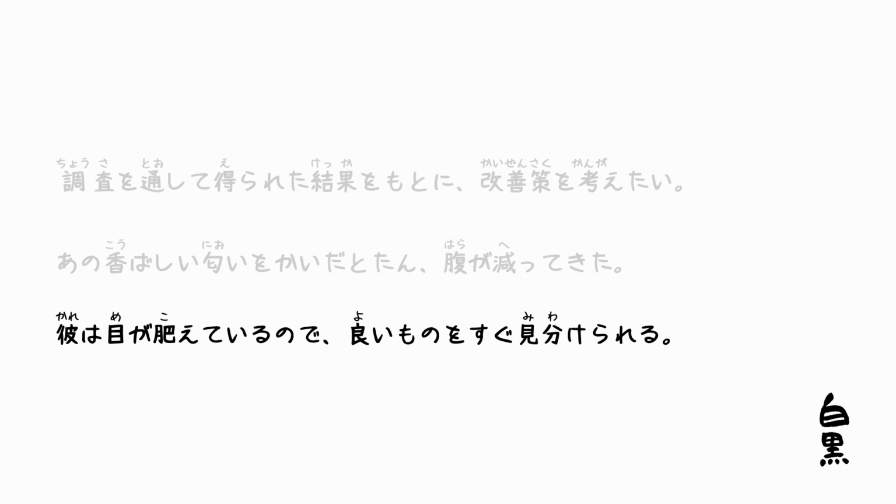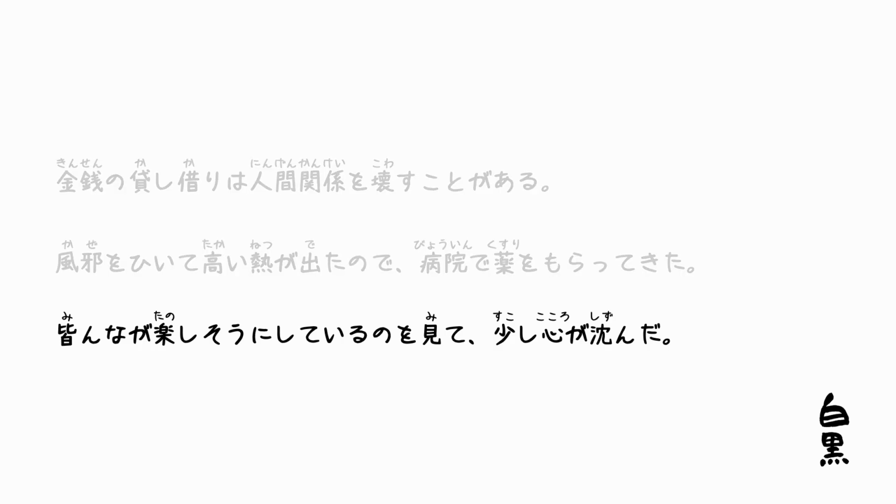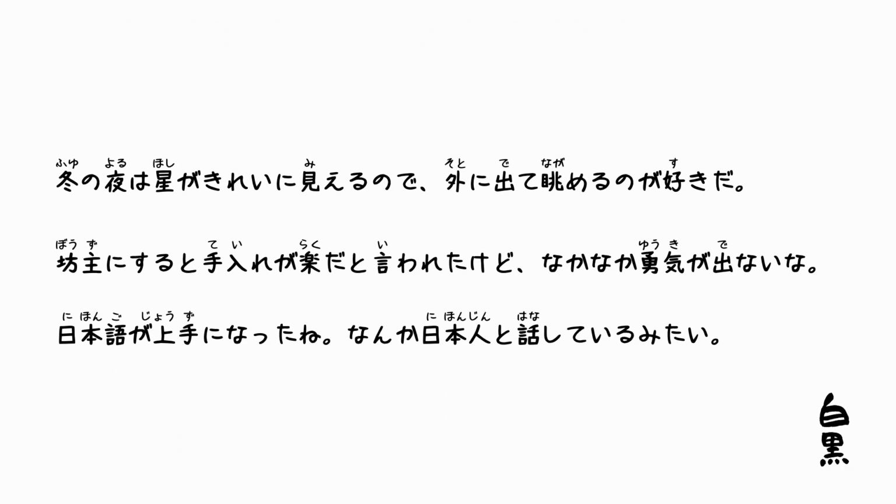Since we only have nouns and na-adjectives today, let's look at 3 more nouns. 金銭の貸し借りは人間関係を壊すことがある。風邪をひいて高い熱が出たので病院で薬をもらってきた。みんなが楽しそうにしているのを見て少し心が沈んだ。Yes, みんな as a noun is pattern D, so it's みんなが not みんなが。みんなが楽しそうにしているのを見て少し心が沈んだ。And finally, na-adjectives.